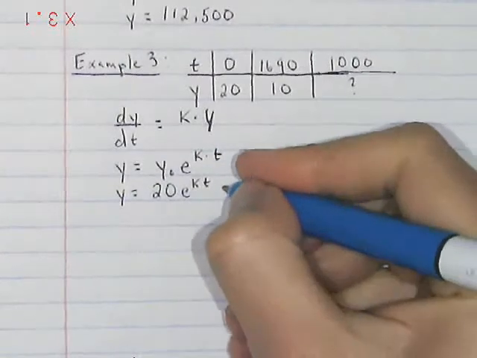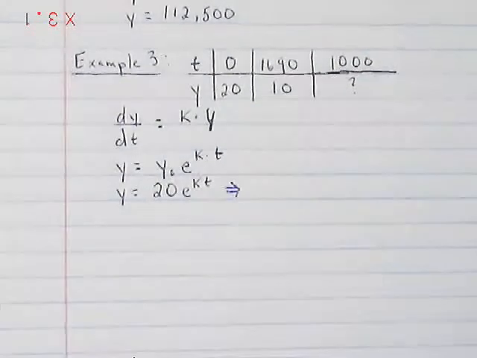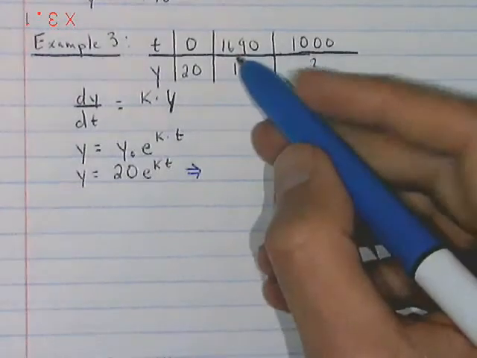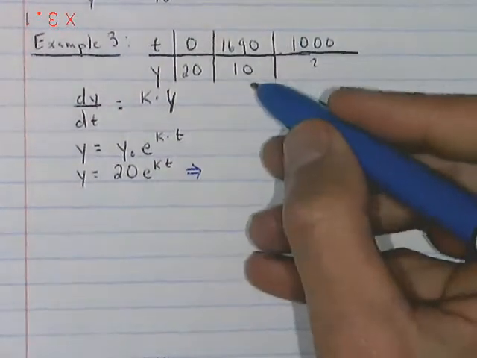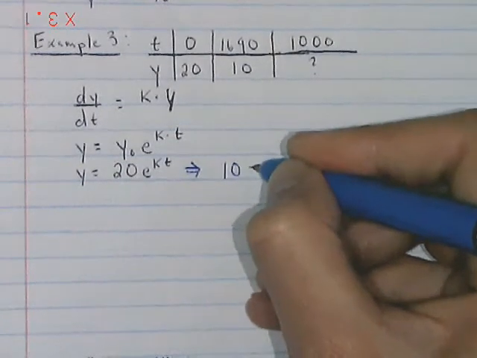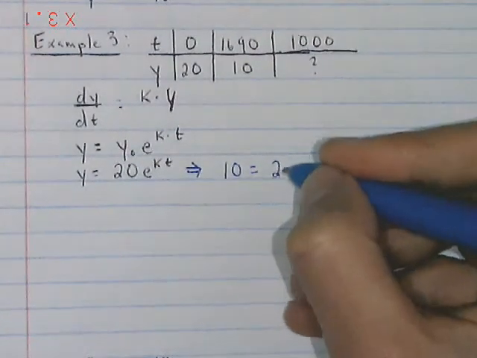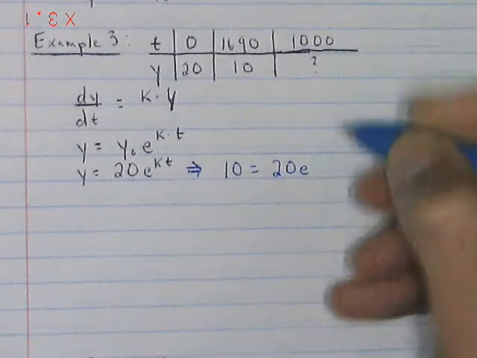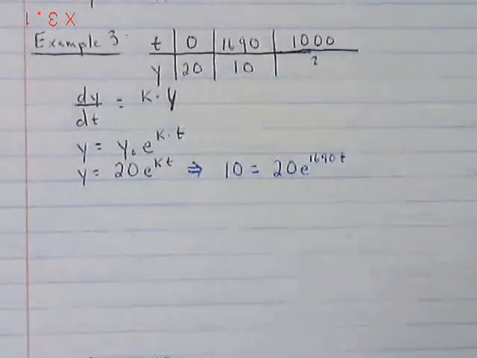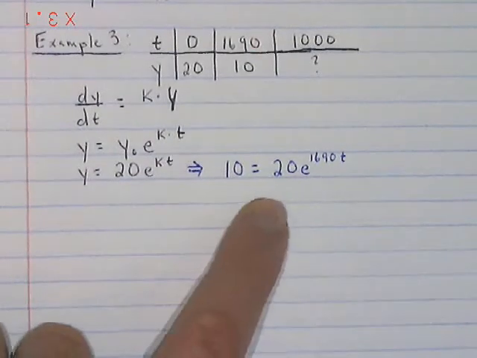Well, the other condition we have tells us that after 1,690 years, half of the original sample remains. So 10 is equal to 20 e to the 1,690 t. Same setup as before.